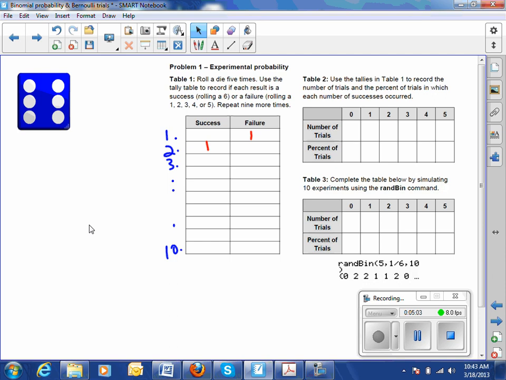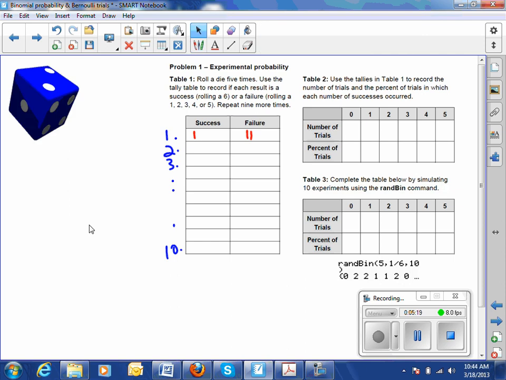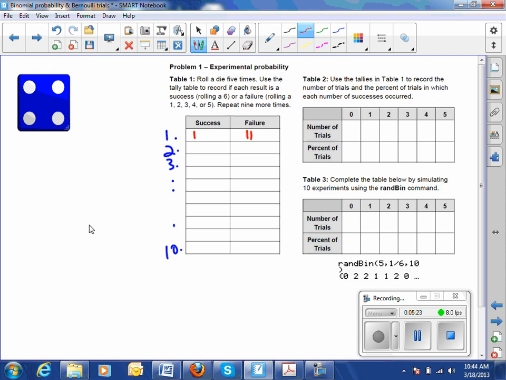Until we get to 5, we're still in the first row. You can just keep your tabs there. There you go. Okay, and then on to the next set of 5.